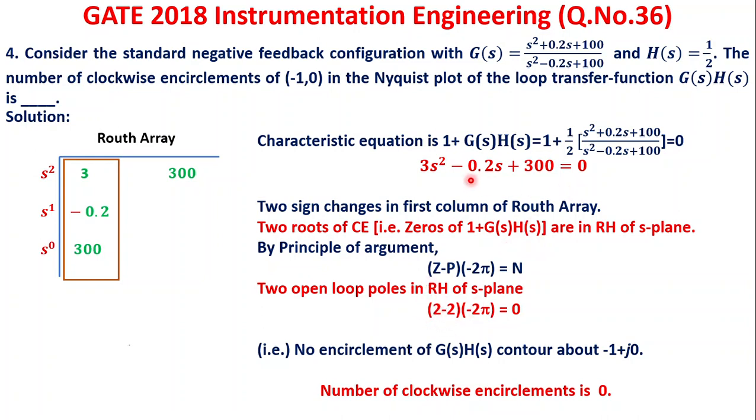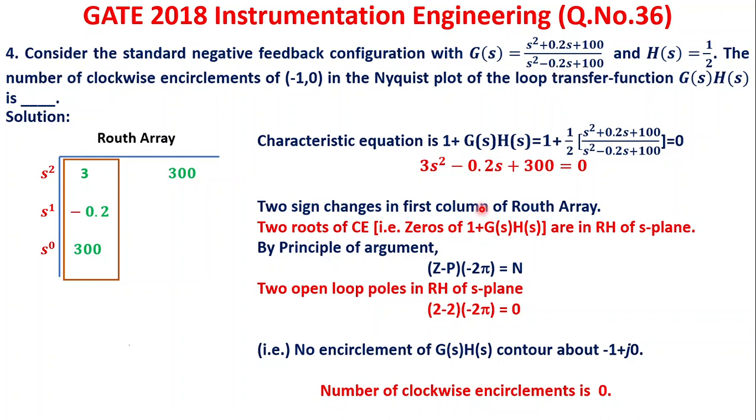And if you solve this particular denominator polynomial, that is of G(s)H(s), that is 2 into s square minus 0.2s plus 100, because 1 by 2 is here. So if you solve that, s square minus 0.2s plus 100, if you find out the roots, definitely we know 0.2 plus or minus square root of b square minus 4ac, definitely we will have positive real part.